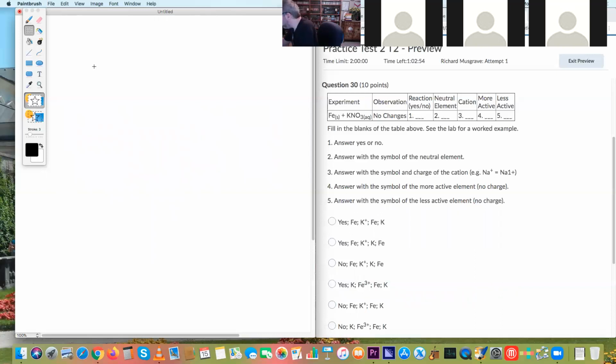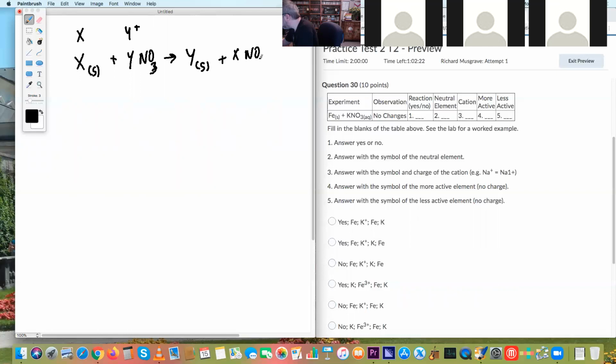So the idea here is that if we've got a metal that's a solid and then a metal that's part of some sort of aqueous solution, we'll leave it as nitrates. We know that Y is going to be some sort of plus charge. Then we've got X, which is a zero charge. And then the reaction, if it occurs, would be Y solid plus X NO3. So then the Y becomes 0 and the X becomes a positive charge.